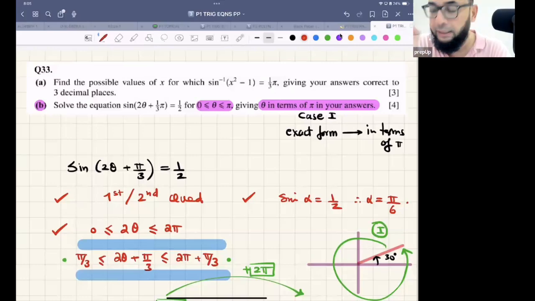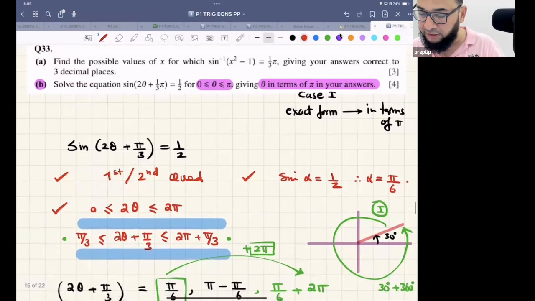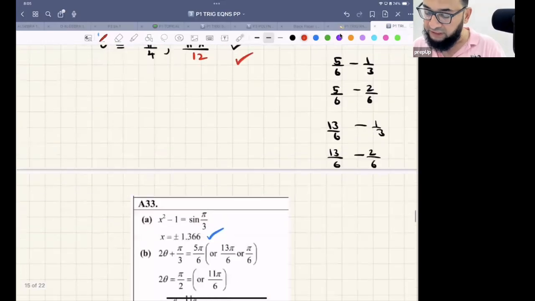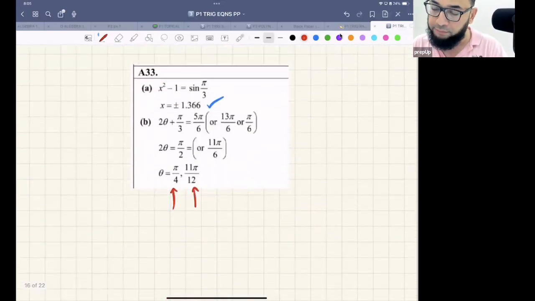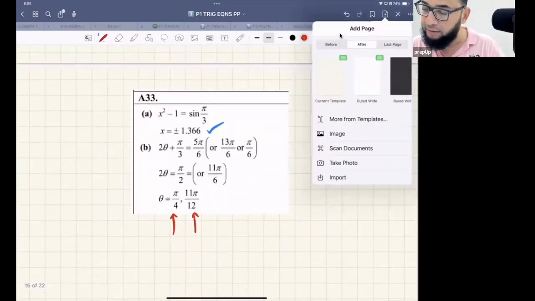Let me also look at the WhatsApp. There is this thing, compound angle, all good. Now let me do one other question like this, question number 33. And that other question should be this one.